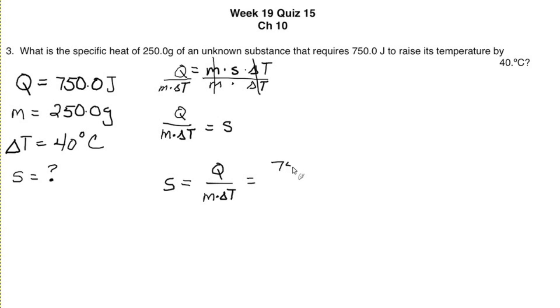And my Q is 750 joules. Mass is 250 grams. And delta T is 40.